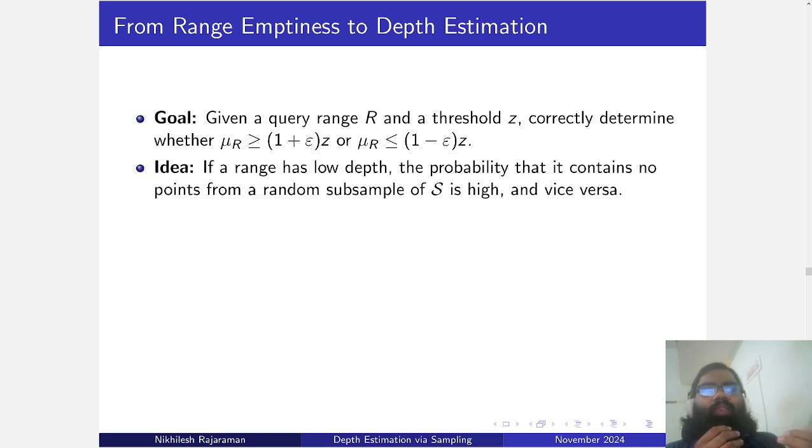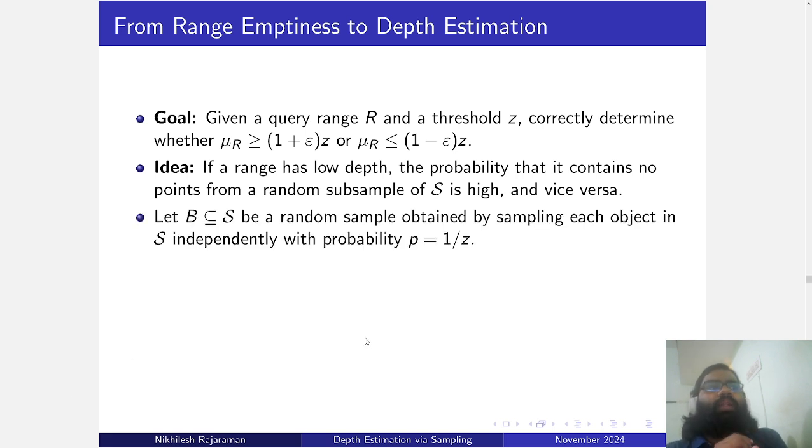So essentially, there's this sort of inverse dependence between the depth and the probability that the query range is empty in this random sample. And this is going to be the key idea that we're going to exploit to solve the depth estimation problem. So let's make this a little bit more formal and quantitative.